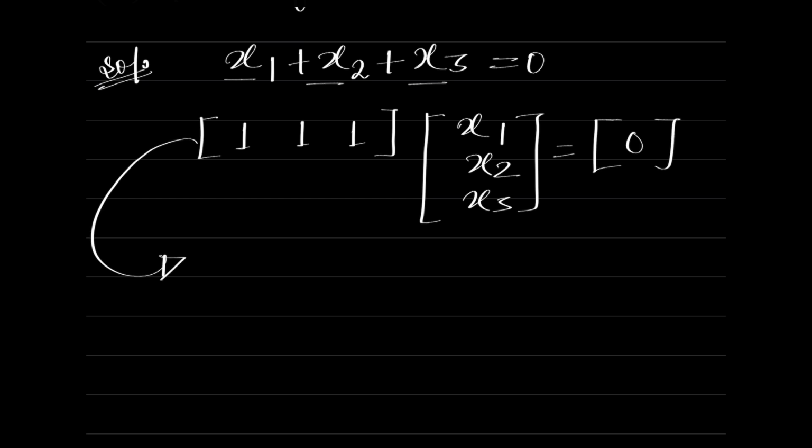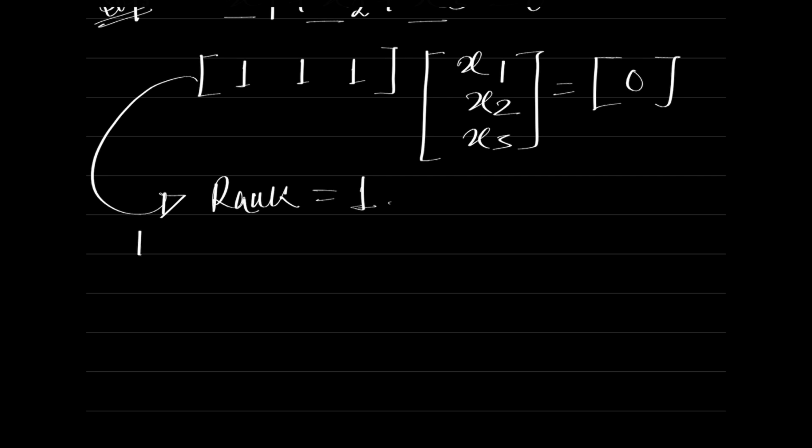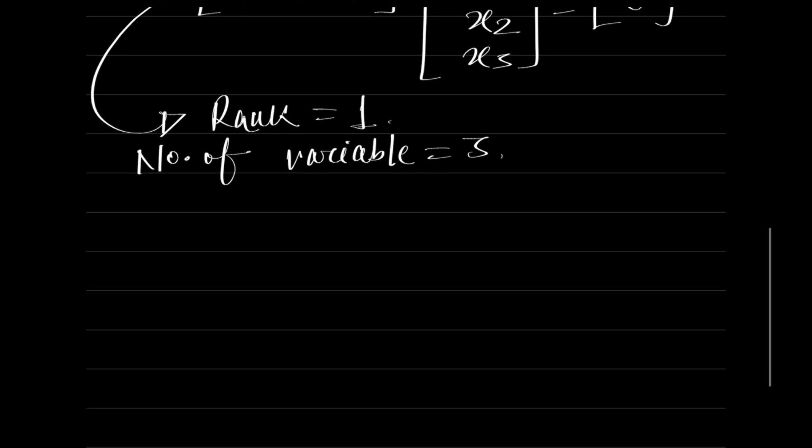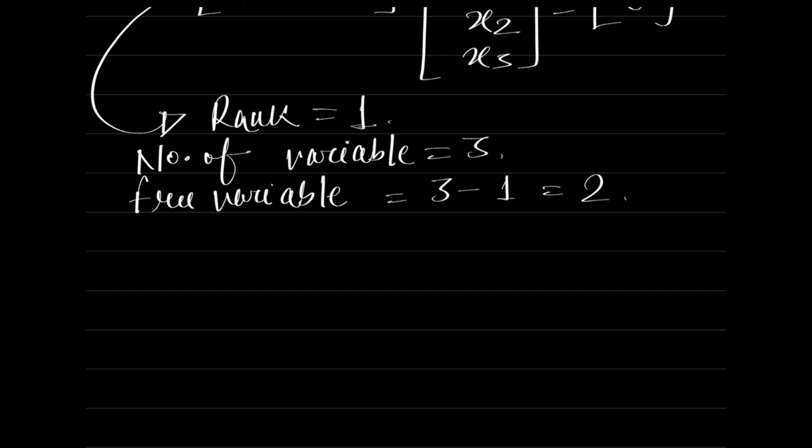Now this has rank 1, and the number of variables is 3. So nullity or free variables is 3 minus 1, which is 2.